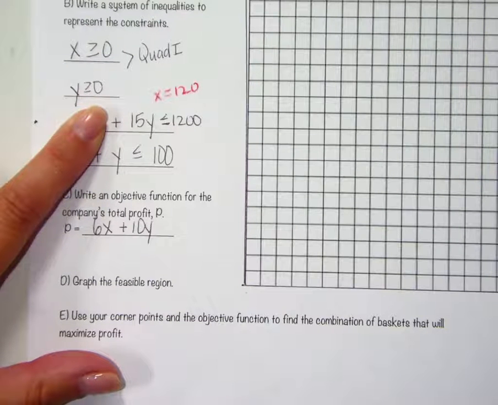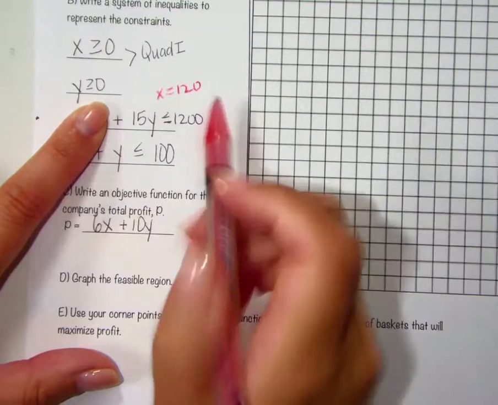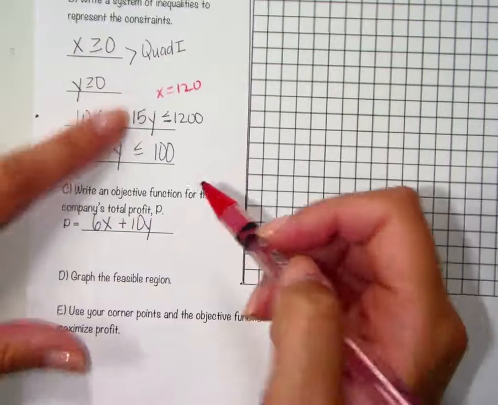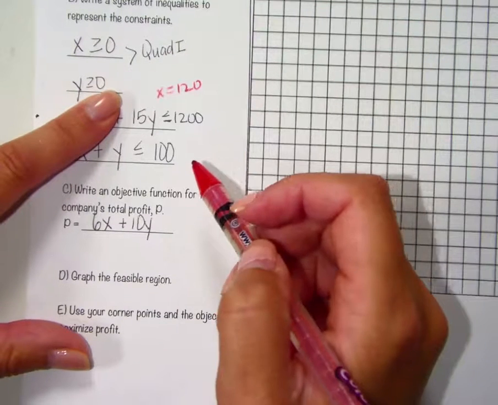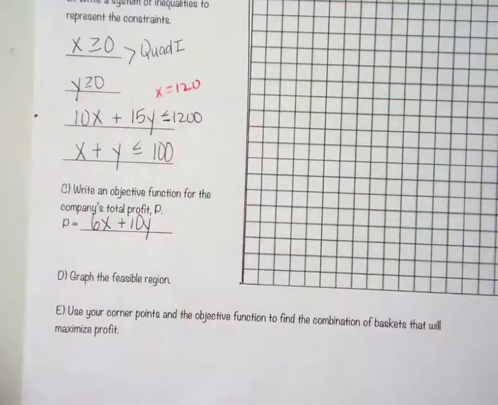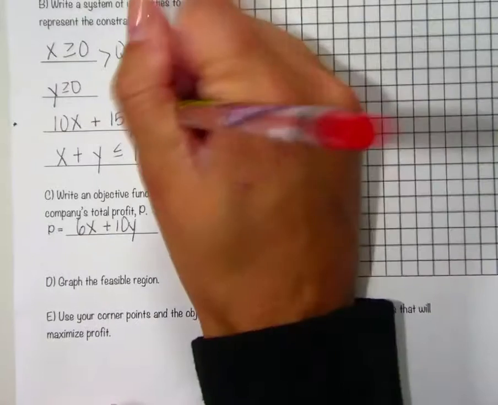Right, but how do we solve for y then? Okay, we did that, and it leaves us with 15y is less than or equal to 1200. And then how do we get y by itself? Yeah, so we're going to divide 1200 by the 15. That gives us a y-intercept of 80.